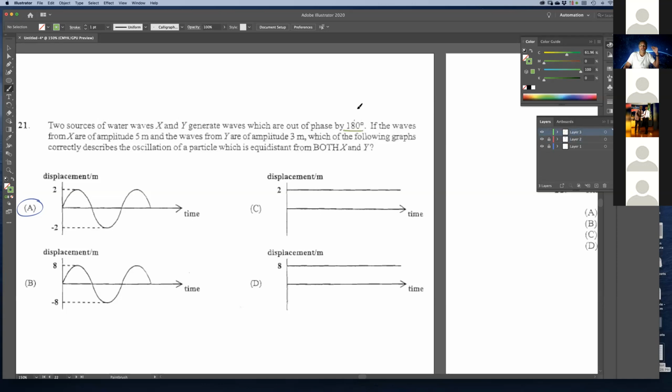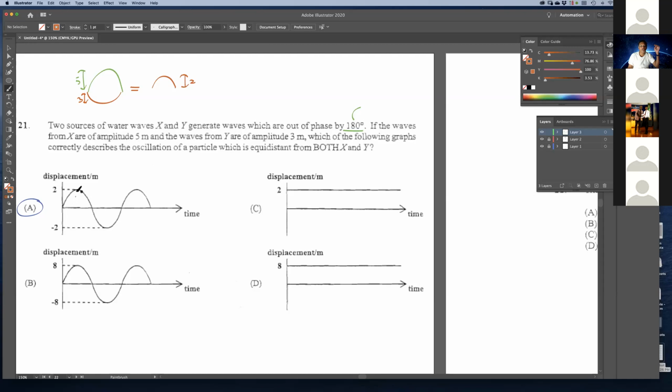In other words, it's like having a 5 mixing with a -3. If you have 5 mixing with 3 in the opposite direction because it's out of phase, we're going to get 2. Make sense? And therefore the answer is A.